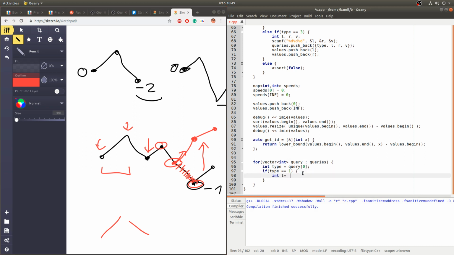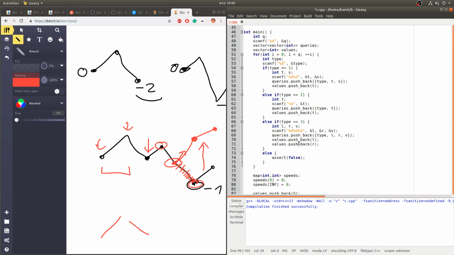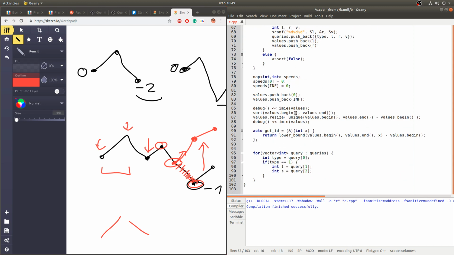What I have, t is the moment, this is query of 1, and new speed s is query of 2, because this is what I've read here. Then in this map I need to find the previous point. Speeds, what, lower bound? Can I do it like that? Lower bound.